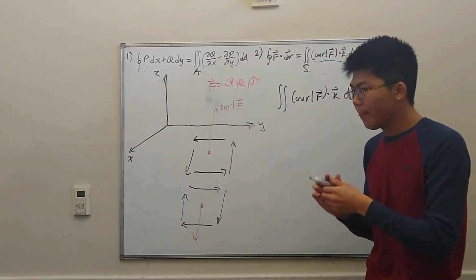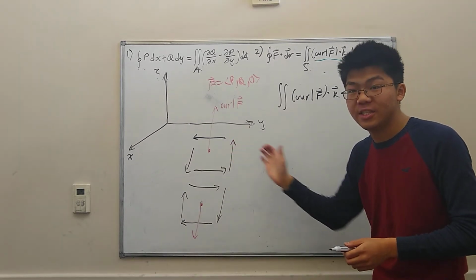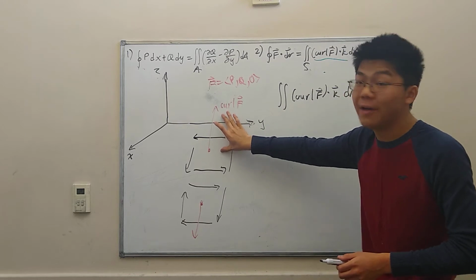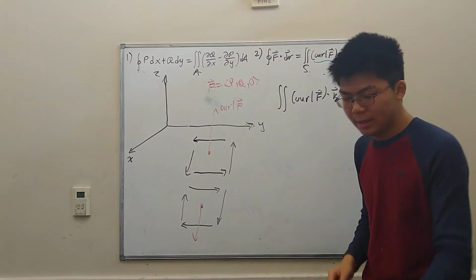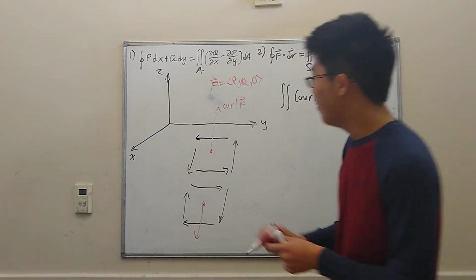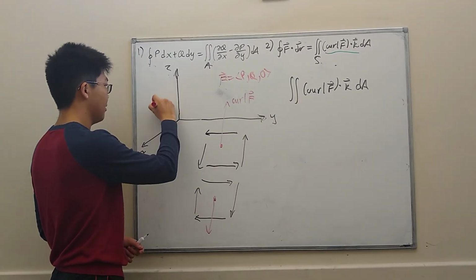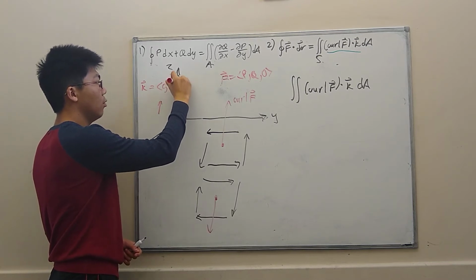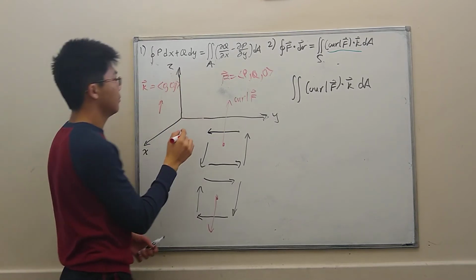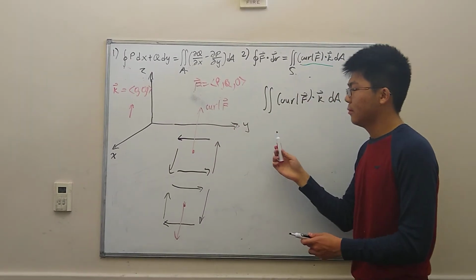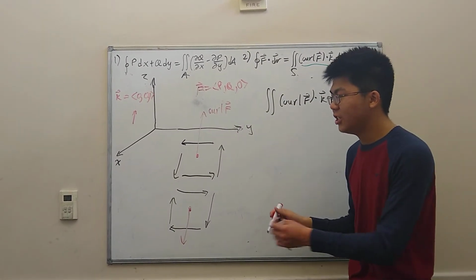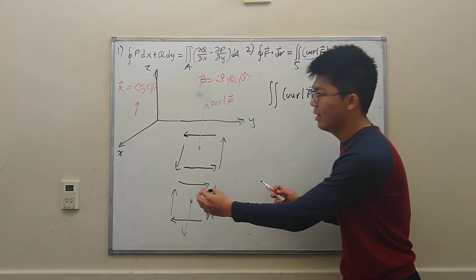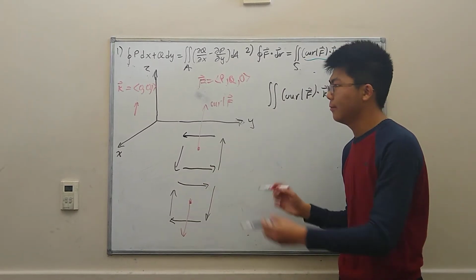So, when you have a rotation at a certain point in a vector field, your curl of vector f will have a certain magnitude. Now, remember that this is your vector k. K is equal to 0, 0, 1. And when you have a rotation in the same magnitude in a counterclockwise direction, this is pointing downward.